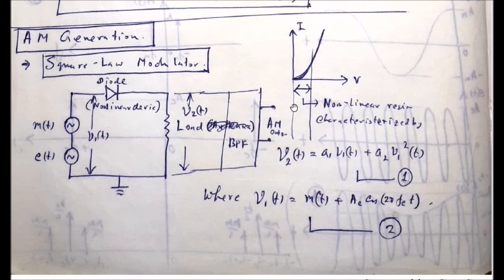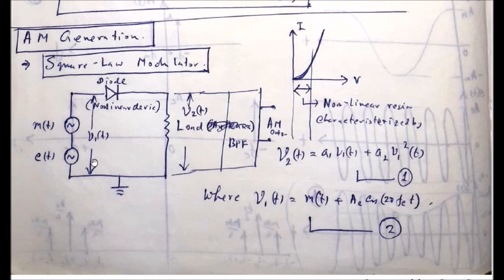Since the values of the voltage here within this range are very low, less than 1, the higher order terms will be almost negligible. That's why we have to consider the first two terms of the Taylor series only. This will have this kind of form. Now I am coming to the circuit. What is the square law modulator by which we can generate the amplitude modulated waveform?